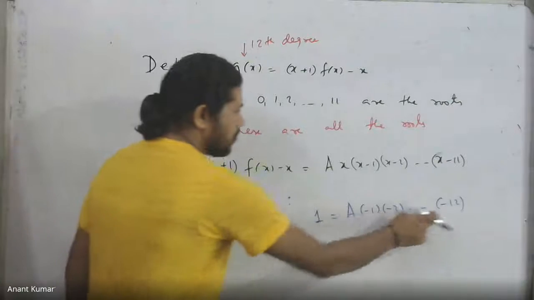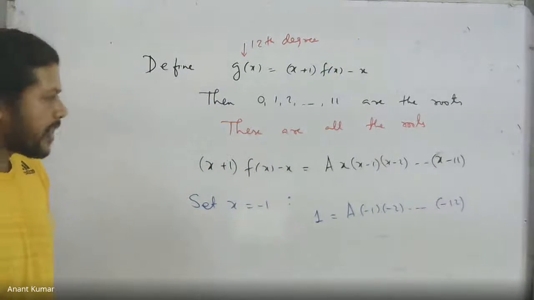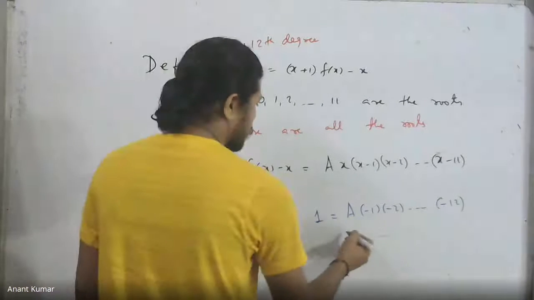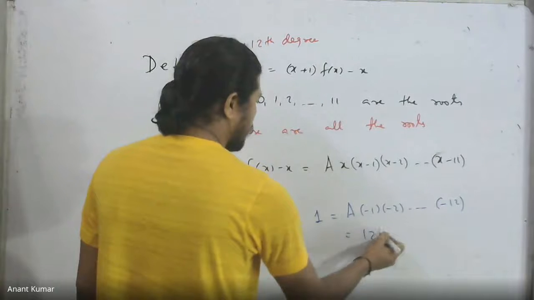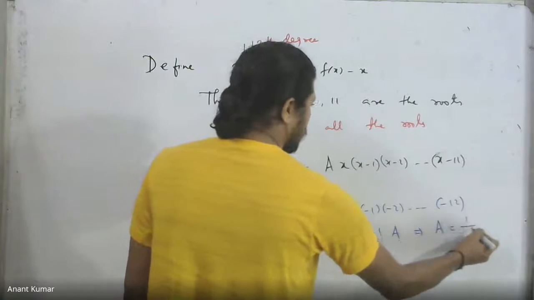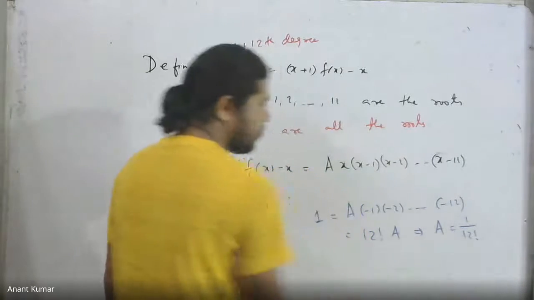There are 12 product terms in this product, so (-1) to the power 12 becomes plus 1. That becomes 12 factorial into a, and this gives us the value of a as 1 by 12 factorial.